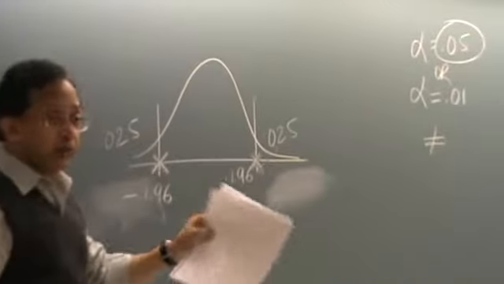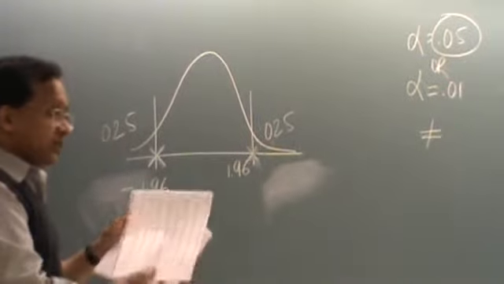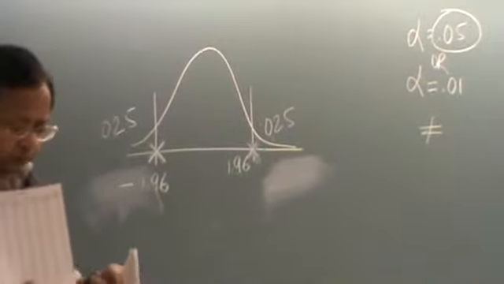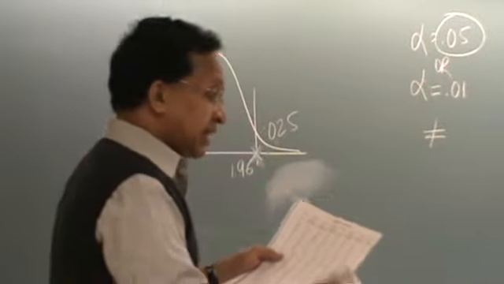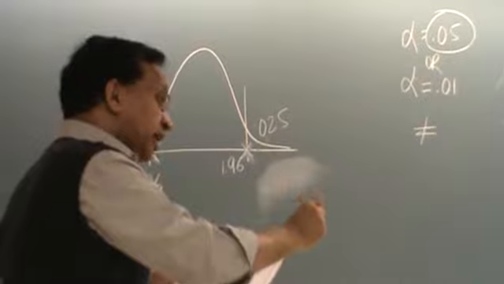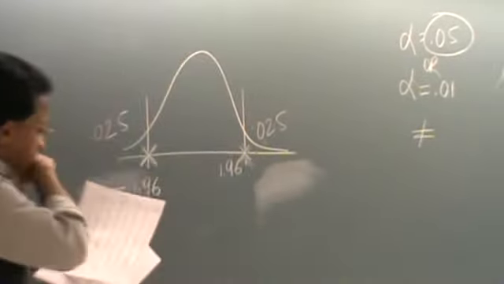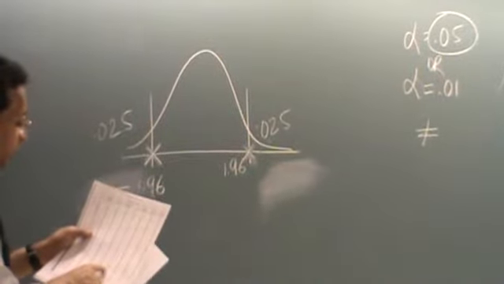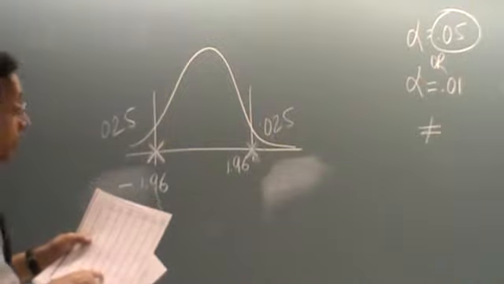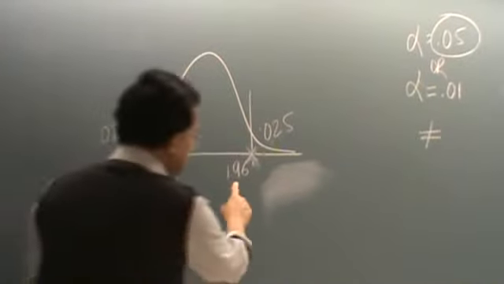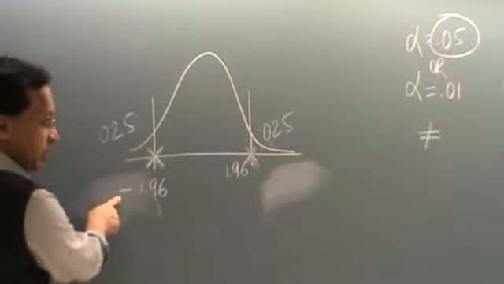So 0.05 divided by 2 is 0.025. So now we need to look at this table, column C, and look for this value and then get the corresponding Z value for that point. So we looked at this table, 0.025, and we found that in column number A, the Z value is 1.96. The right side is always the plus side, the left side is always the minus side.